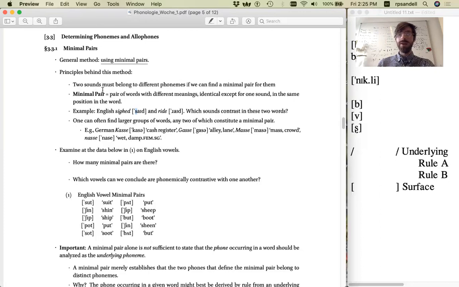In side, we have a voiceless coronal sibilant fricative, and at the beginning of ride, we have the English R sound, this rhotic approximant.